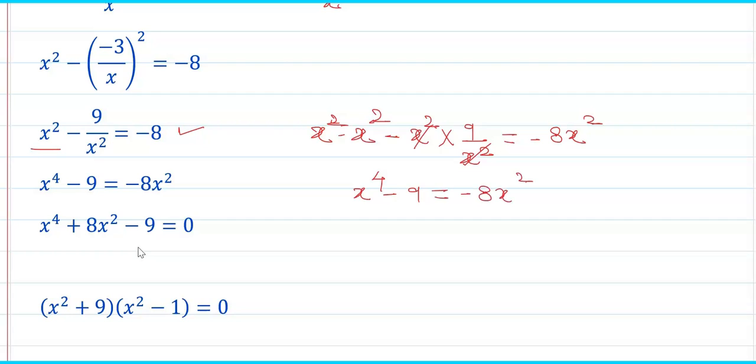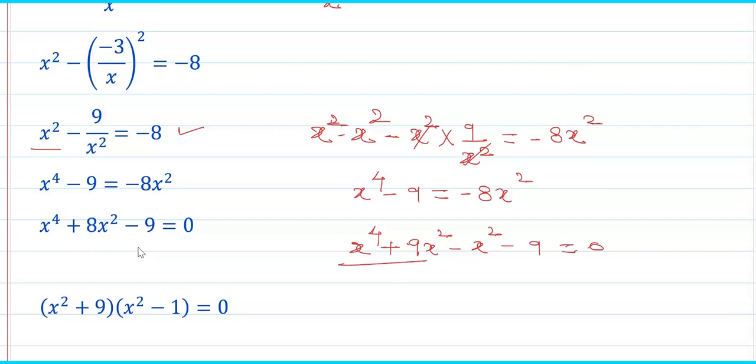8x square. This minus 8x square we will bring to the left hand side: x raised to 4 plus 8x square minus 9. Again, this is a quadratic equation. The factors of this quadratic equation are x raised to 4 plus 9x square minus x square minus 9, and that is equals to 0.